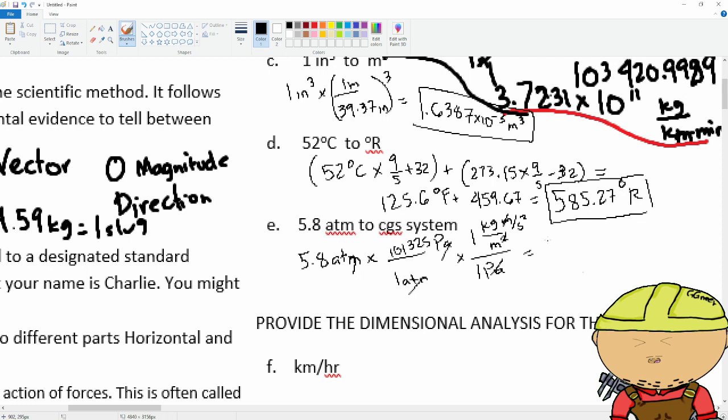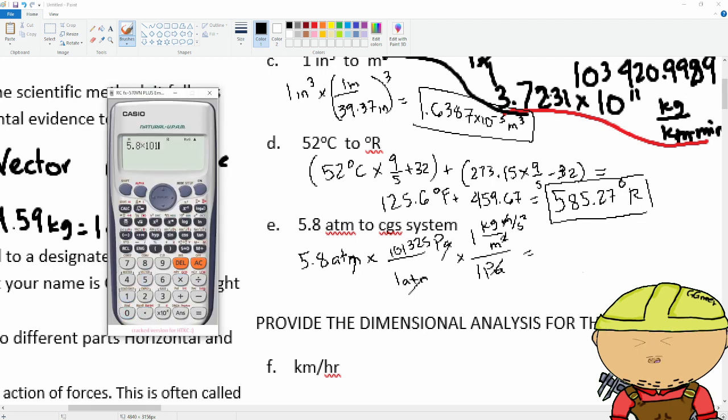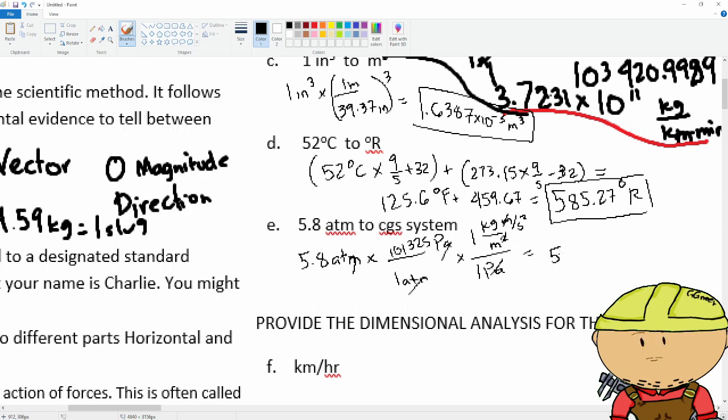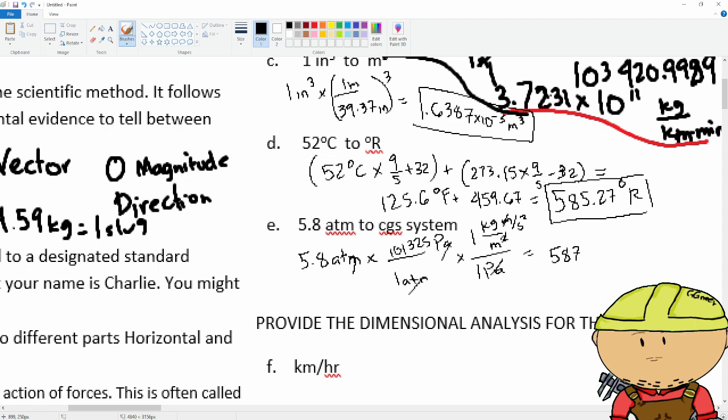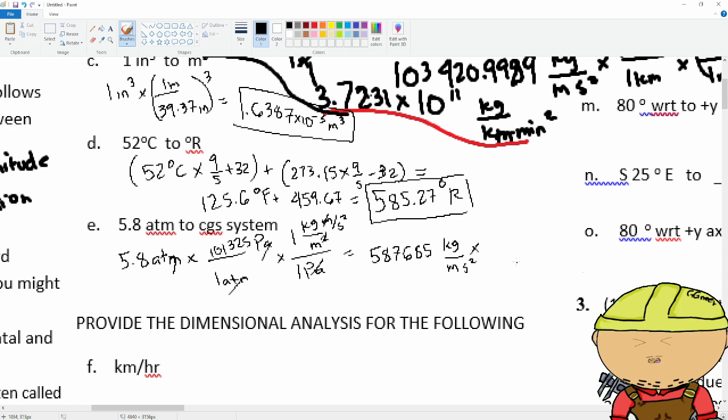We will have 5.8 times 101,325, which is 587,685. Right, the unit is kilogram per meter second squared. Is that CGS? No. Let's convert it to centimeter, gram.